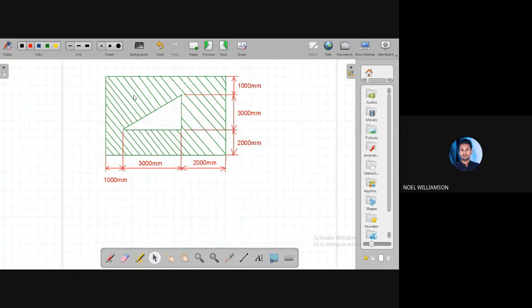So you have a rectangle like this, and from there a triangle is being cut. So this is a simple problem. Try to do.